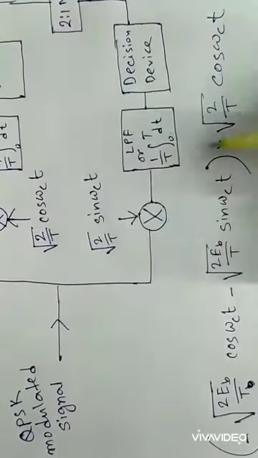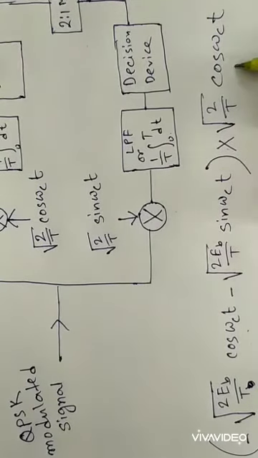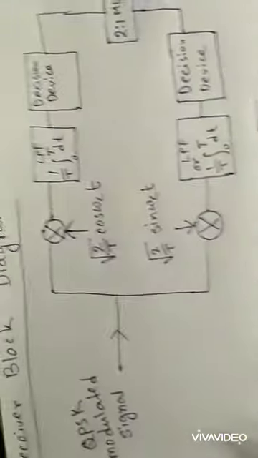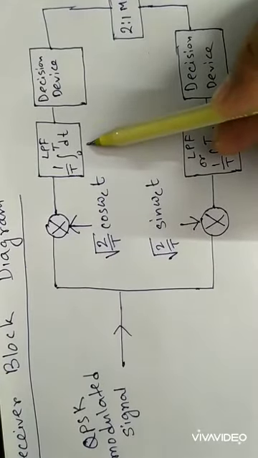So when you multiply this signal with root over 2 by T cos omega ct, you get cos square omega ct and sin omega ct into cos omega ct. The cos square omega ct can be replaced by half of 1 plus cos 2 omega ct, and sin omega ct into cos omega ct can be replaced by half of sin 2 omega ct. Now after that you have a low pass filter whose cutoff frequency may be at omega c.